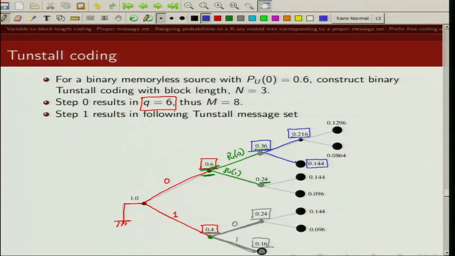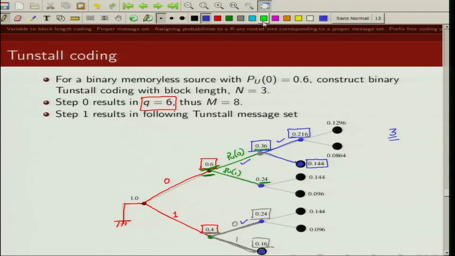So at the end of the third extension, I have these following leaves. This leaf has probability 0.216, this leaf has probability 0.144, this leaf has probability 0.24, this leaf has probability 0.24 and this leaf has probability 0.16. And I have already done three extensions. The first one was this which I showed in green, the second one was this which I showed in grey, and the third extension was the one which I showed in blue.